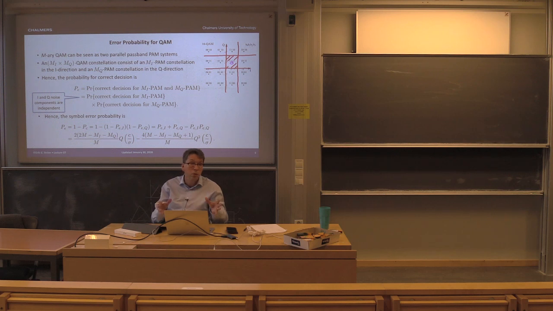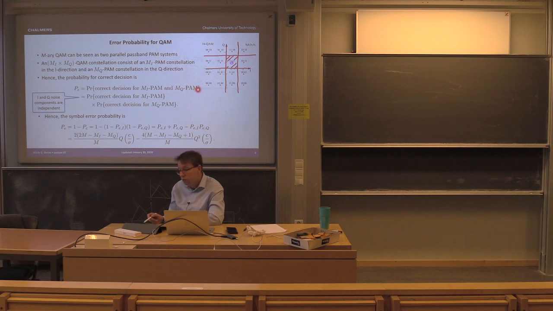And then we can reuse our previous equations we had for the PAM system to construct the error probability for the QAM system. I'll skip the details a little bit, but if we're interested in knowing the probability of correct decision, which is 1 minus the probability of making a wrong decision, we need to make a correct decision for the PAM system along the horizontal axis and along the vertical axis.